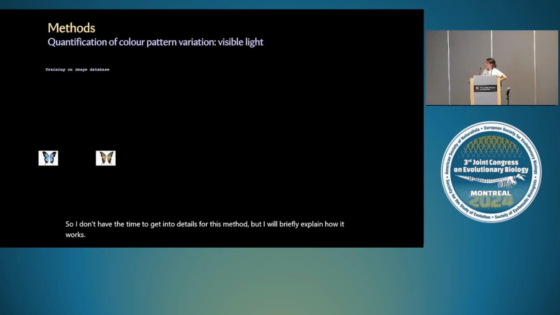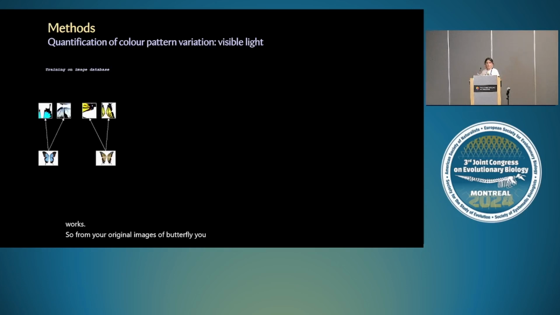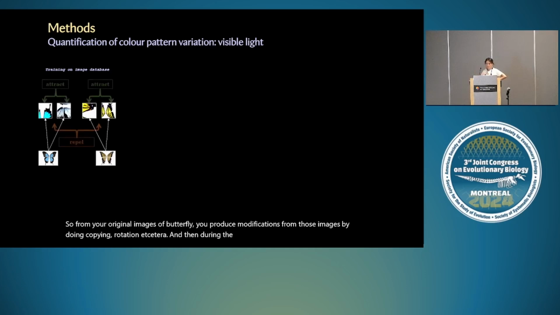From your original images of butterflies, you produce modifications from those images by doing cropping, rotation, etc. And then during the training, the neural network will learn what are the discriminative features from modifications that come from the same image that make them similar, because they come from the same image. And what are the discriminant features from modifications that come from a different image that make them dissimilar, because they come from a different image.